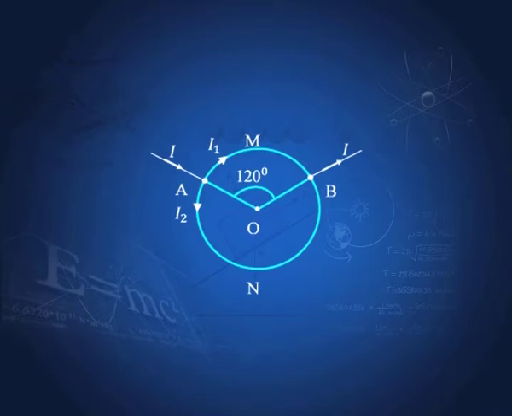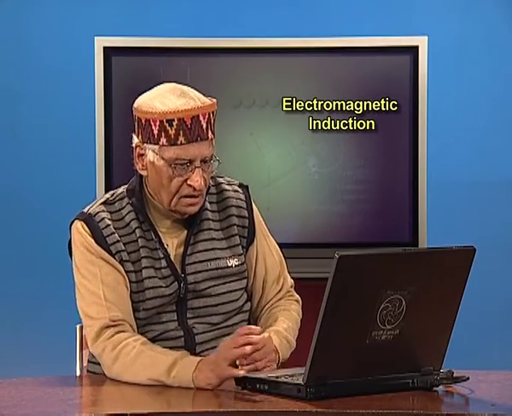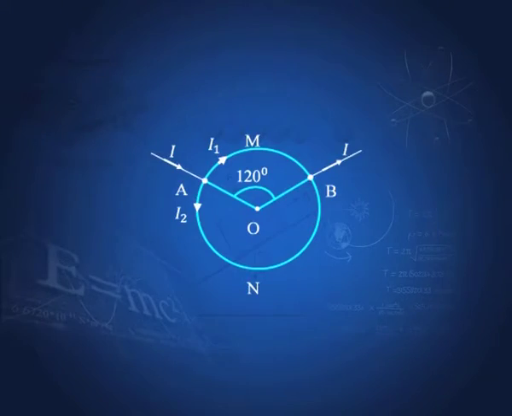If you do this exercise with this part, you will again find the same thing. Why? Because the current is half, but the length is twice. Therefore, the magnetic field strength at the center is the same, and this will also be mu 0 I by 9 r. But this current is in the anti-clockwise direction, and this current is in the clockwise direction.